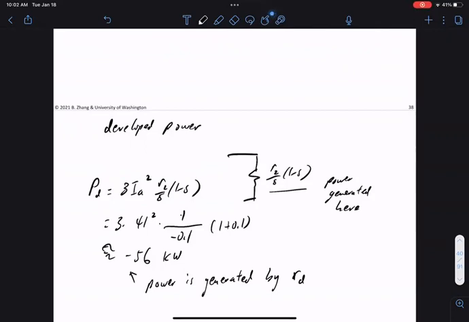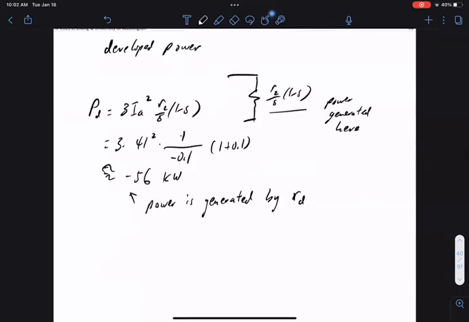Questions about this calculation? The computations here are not tricky. You just have to know what you're computing, and what number you're computing for. Then it boils down to basic circuit analysis. So this is the power generated by the generator.